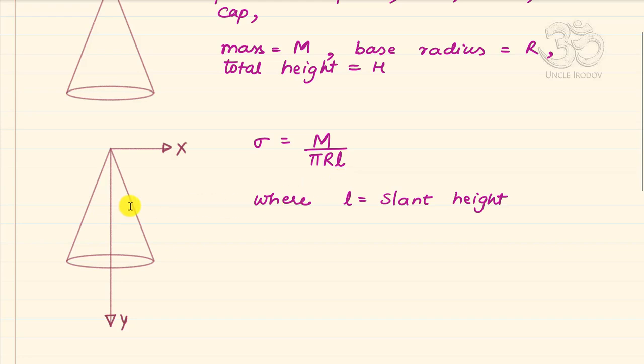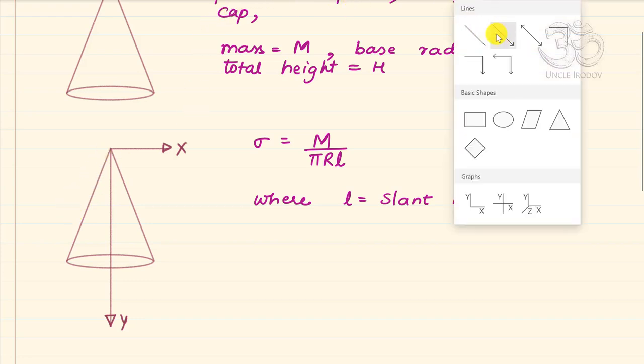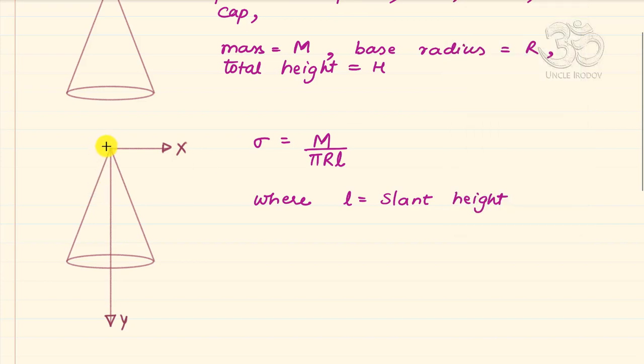So what I do is, here I take an element at some slant distance from the origin. So let me do that. Let us take some distance from the origin here, like this. Maybe that distance is some x or something. So this is some distance x, and there I increase this by a small amount dx.